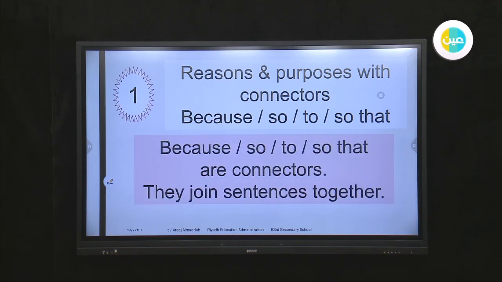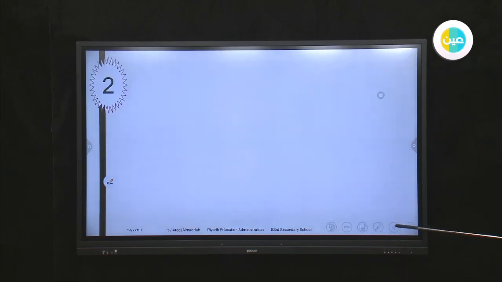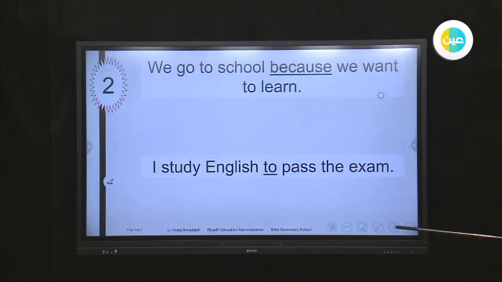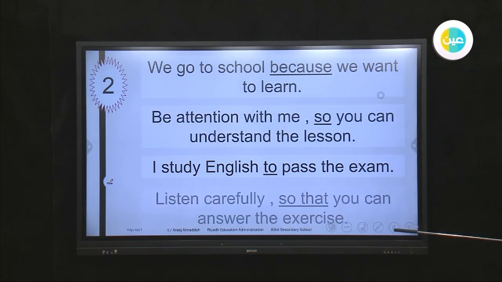Because, so, to, and so that are connectors. They join sentences together. We go to school because we want to learn. I study to pass the exam. Pay attention with me so you can understand the lesson. Listen carefully so that you can answer the exercise.